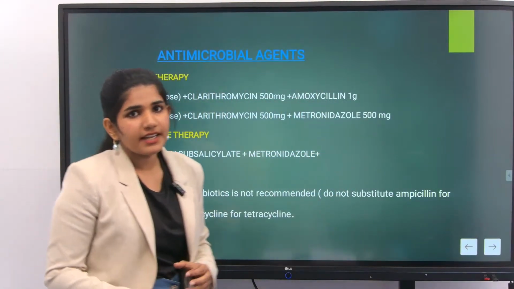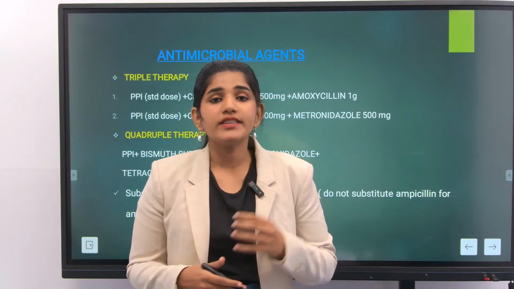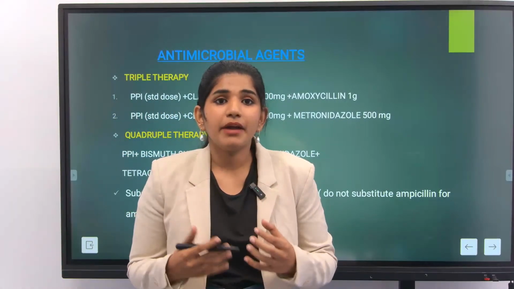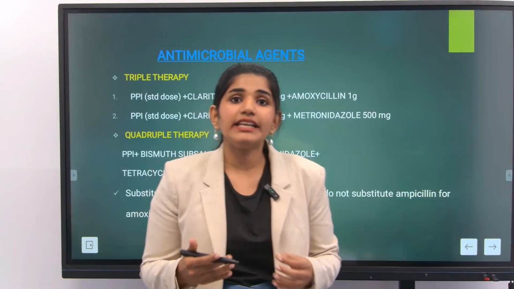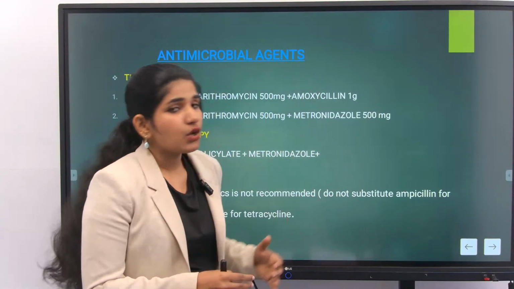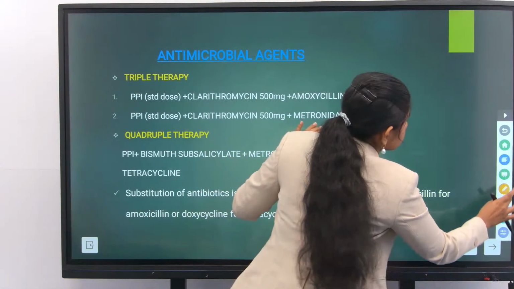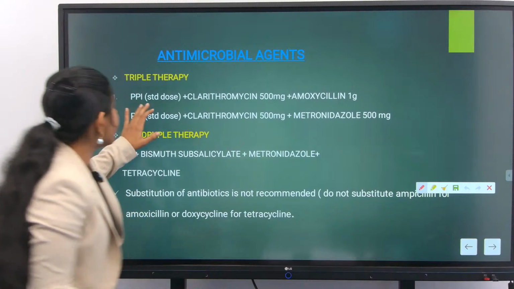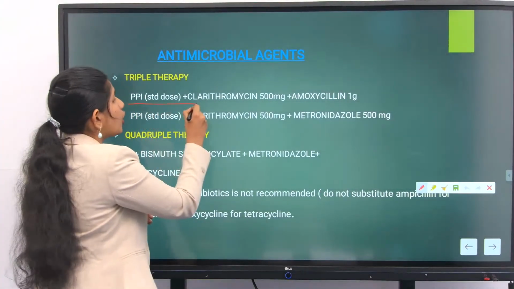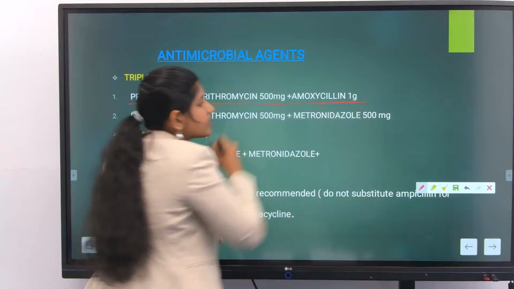Next, we have said that proton pump inhibitors, in order to eradicate H. pylori, can be given with antibiotics. This leads to triple drug therapy and quadruple drug therapy. The triple drug therapy is a proton pump inhibitor plus clarithromycin 500 mg plus amoxicillin 1 gram.